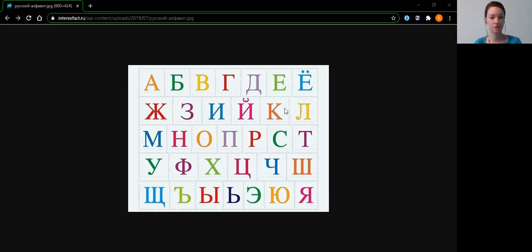And for some students, it can be very difficult because we have two different L. We have L soft and L hard. For example, soft is l, l, l, and hard is l, l, l.